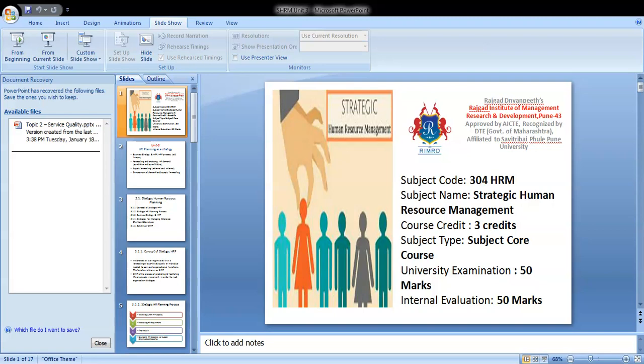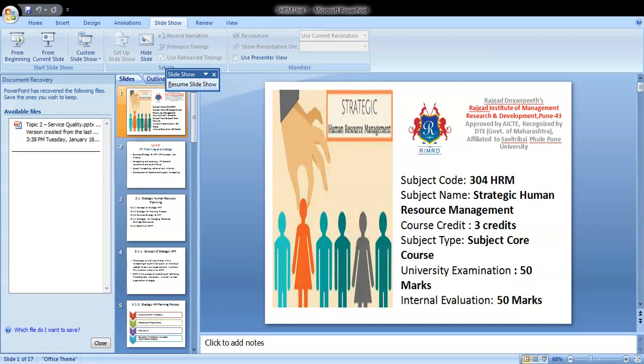Today we will start a session from strategic human resource management, and today we will start from unit number 3, that is human resource planning, HRP as a strategy.